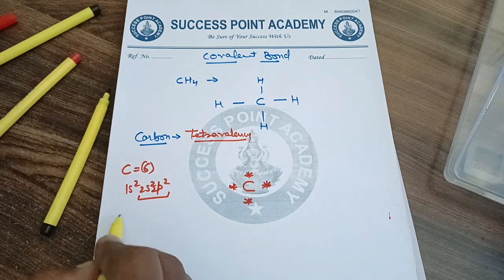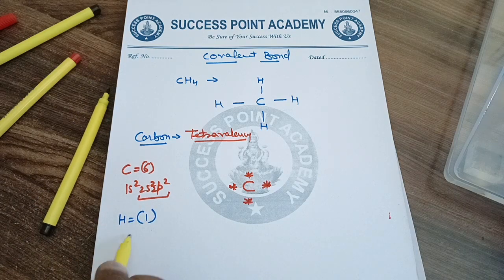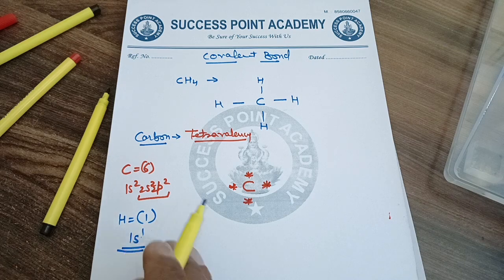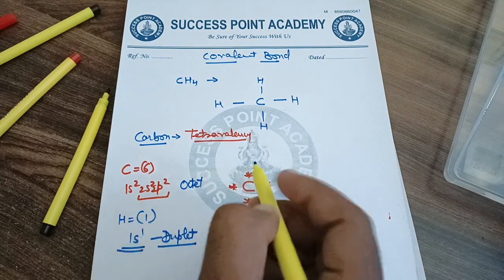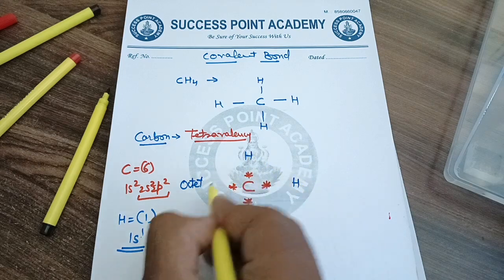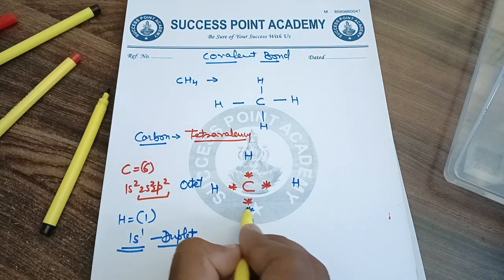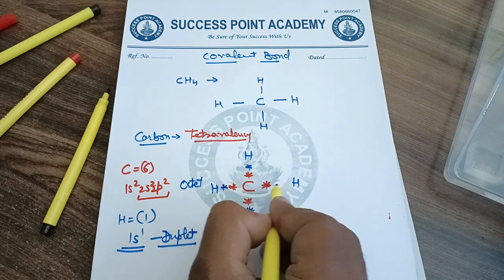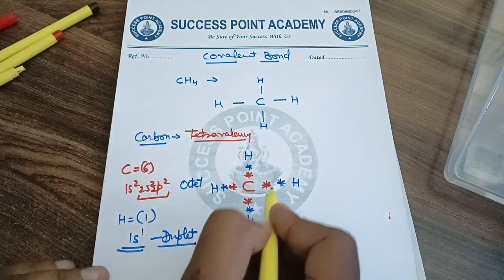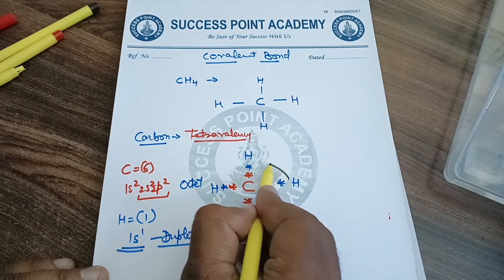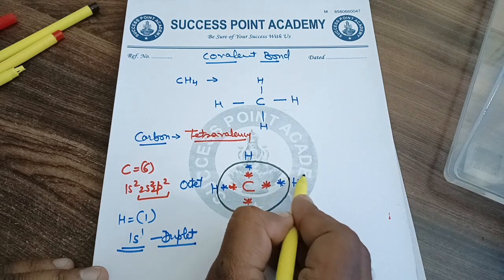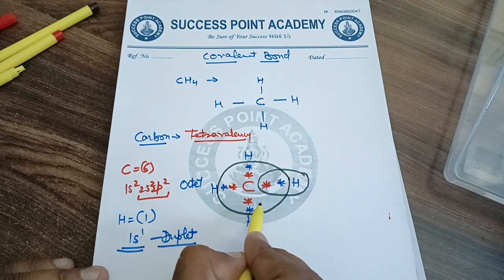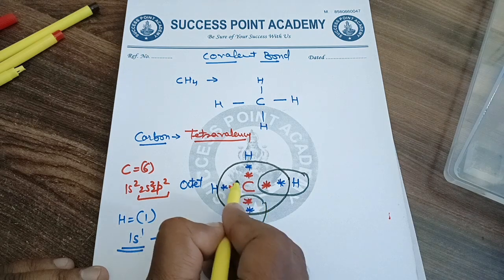Hydrogen's atomic number is 1. It has only 1 electron, so it requires 1 more to complete its duplet. How does it occur? Hydrogen, hydrogen, hydrogen, hydrogen, each has 1 electron. Now carbon will share an electron with each hydrogen, and each hydrogen will share its electron with carbon.